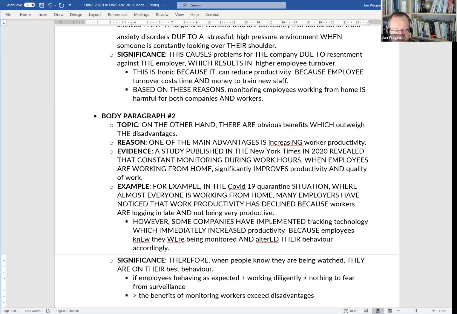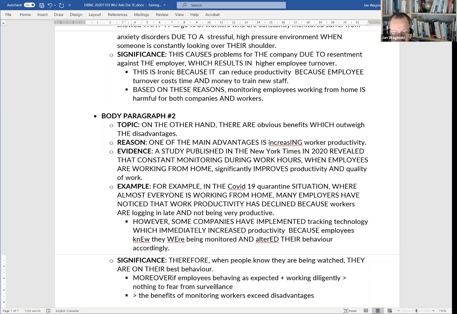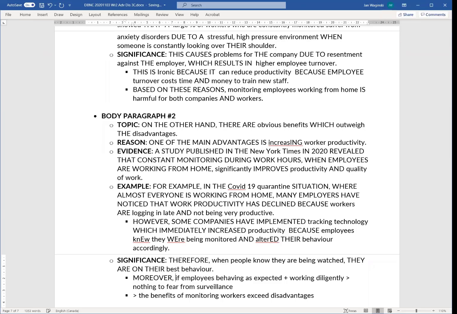This was an extra idea that was added. If the employees, I'm going to put moreover because that's in the original, because it's an extra idea.